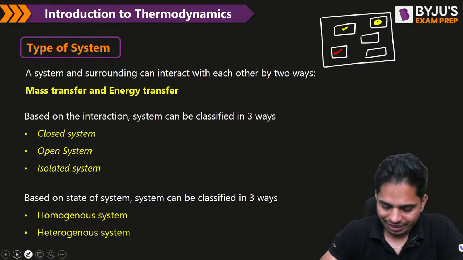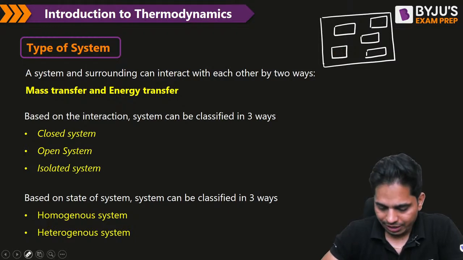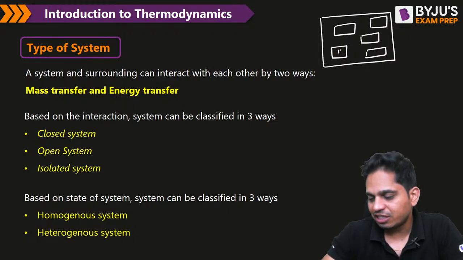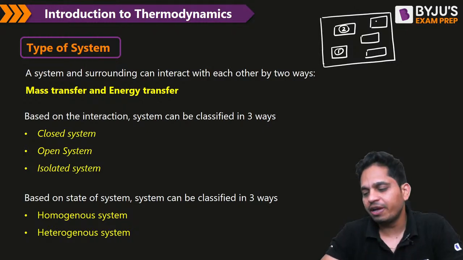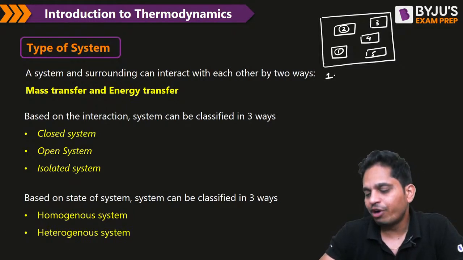Or let me write it like this. Let's say you have an infinite number of systems. Let's not call it system, but some entity. Okay, 1 2 3 4 5. So right now if you want to focus on number 1, then 1 is your system.